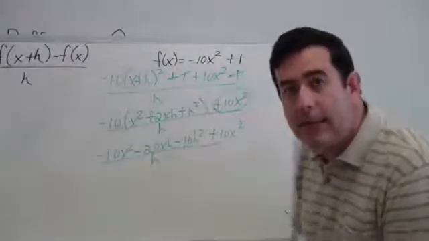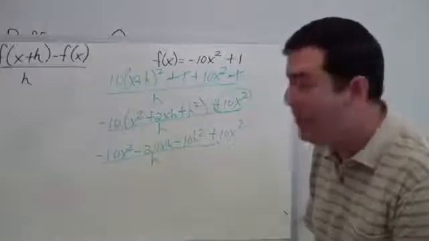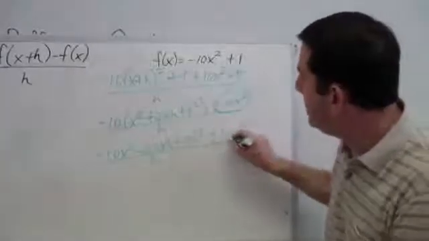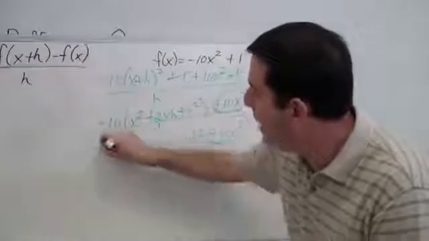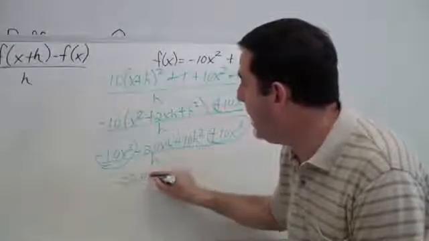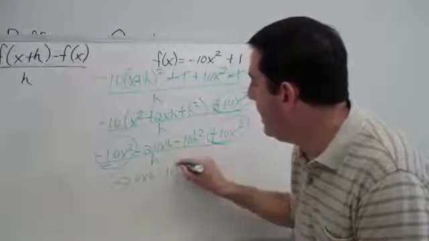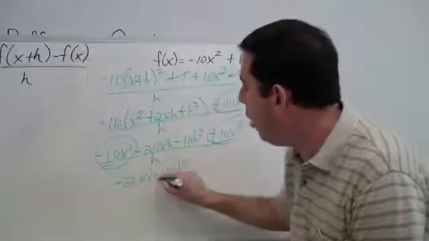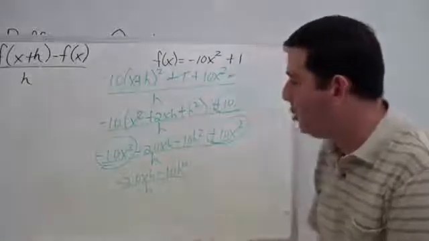If you're going to make it to the next round, you have to have an h. That means this needs to add out, and it does. I'm left with minus 20xh and minus 10h squared. All of this is over h.